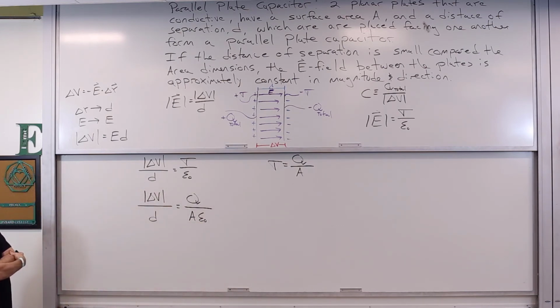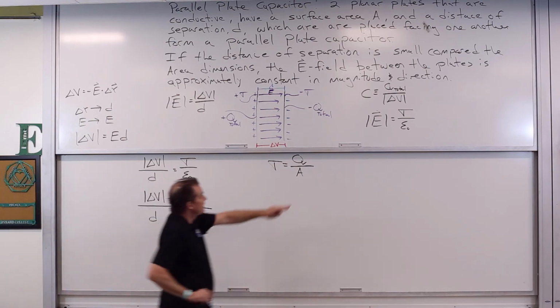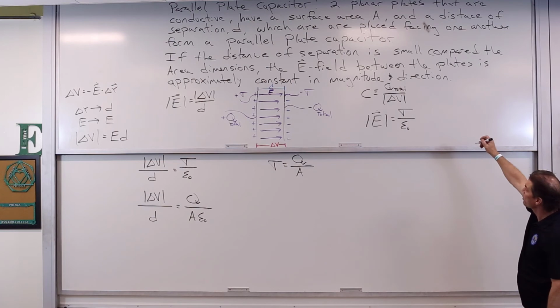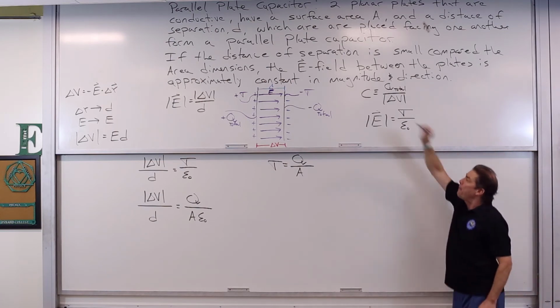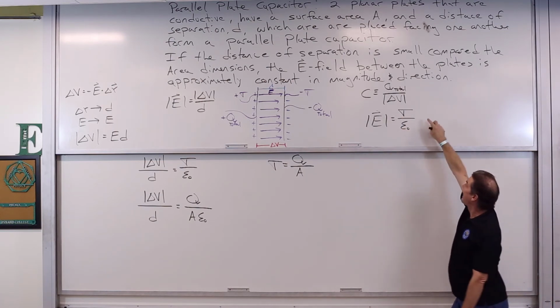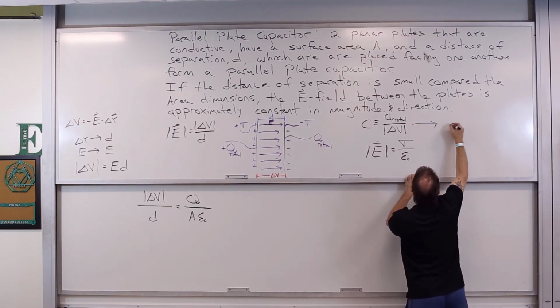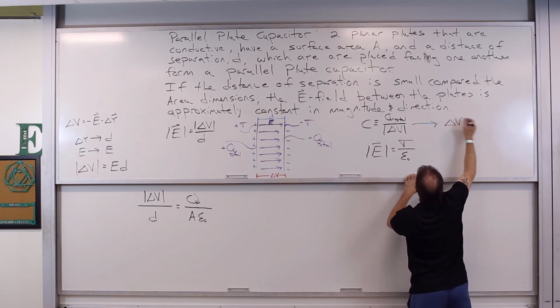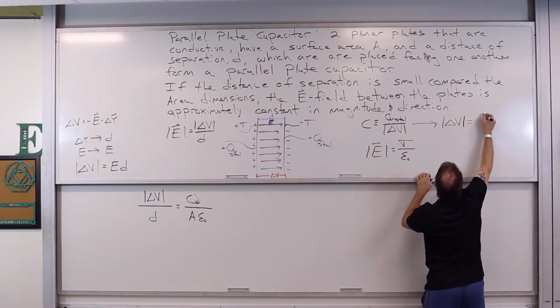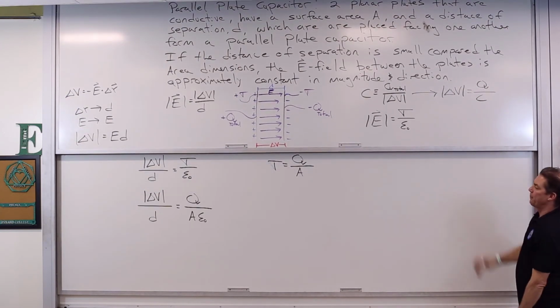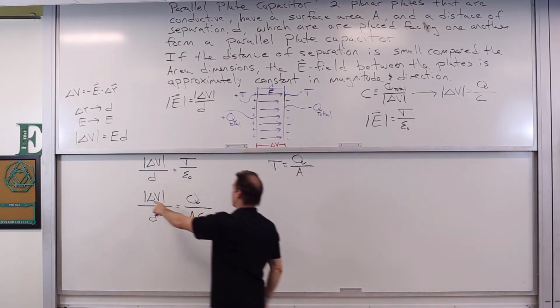That's pretty cool indeed. What else can we do with this? Well, look at this. We've also got this expression that correlates the total charge, the capacitance of the system, and the potential difference. So this can also be written as delta V is equal to Q divided by C. What happens if we put that in for this delta V here?